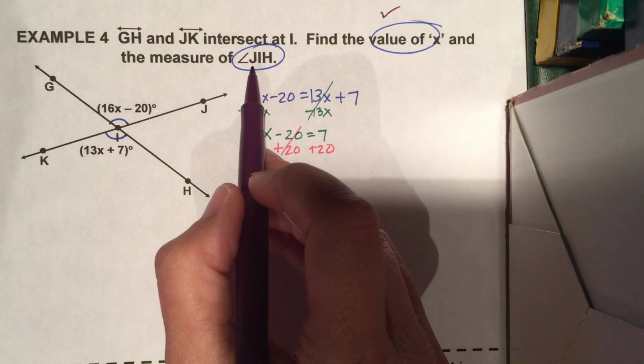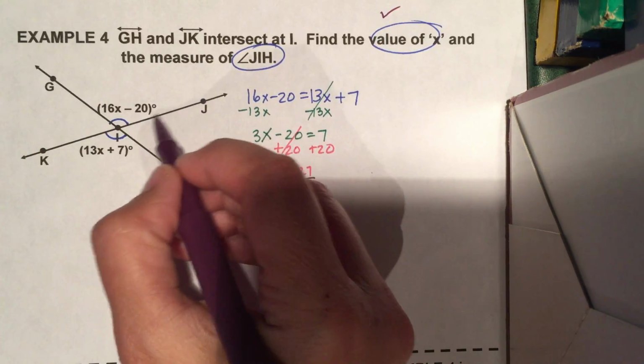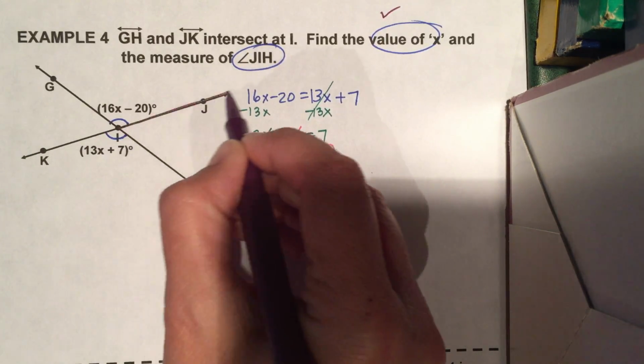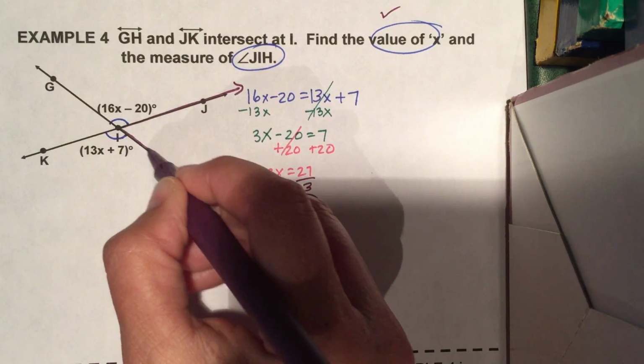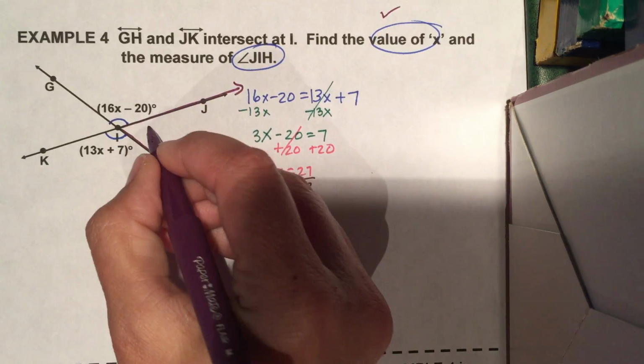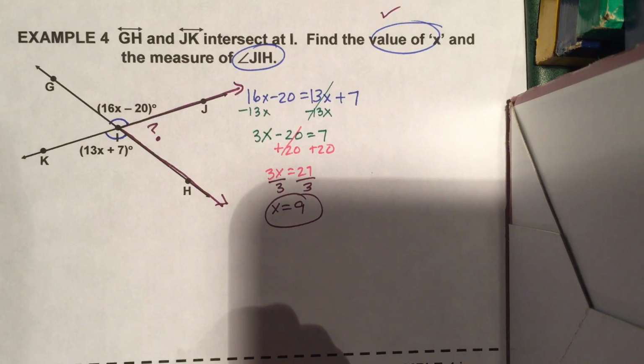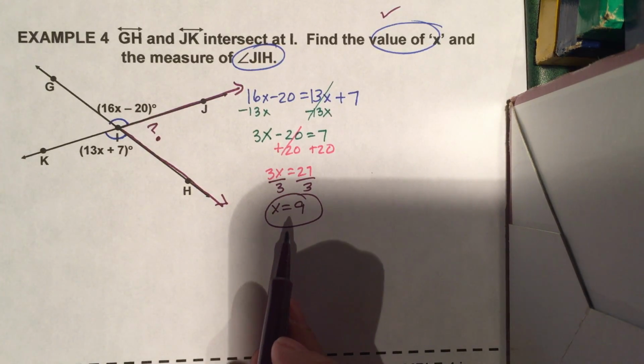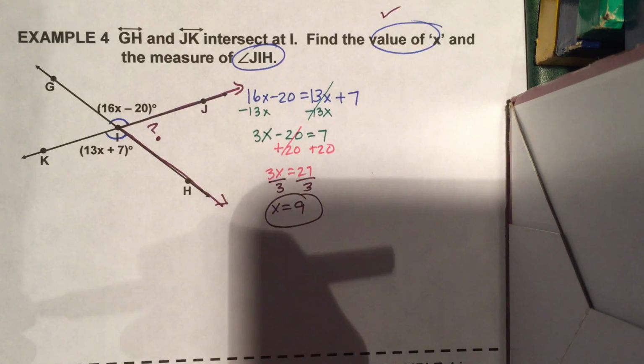Now I need to find JIH. JIH is this angle right here. So I'm looking for this one. How does knowing x help me? Well, what is JIH right next to?